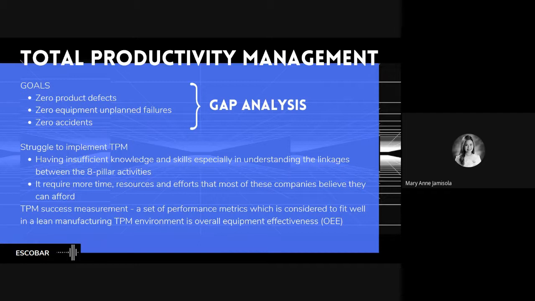The second reason is that TPM requires more time, resources, and effort than most of these companies believe they can afford. A typical TPM implementation requires company-wide participation, and full results can only be seen after 3 years and sometimes even 5 years. The main reason for this long duration is the basic involvement and training required for autonomous maintenance participation, where operators participate in restoring the equipment to its original capability and condition and then improving the equipment.